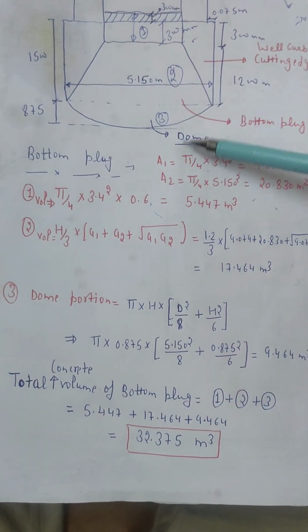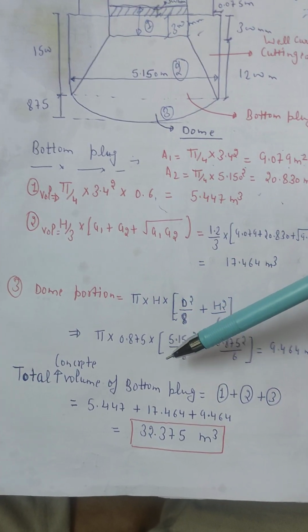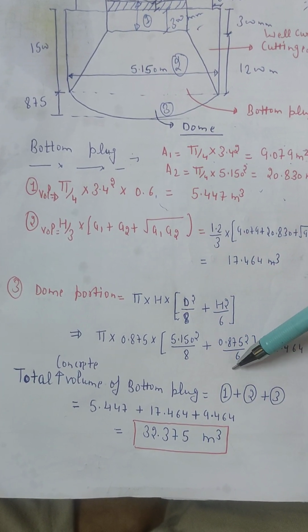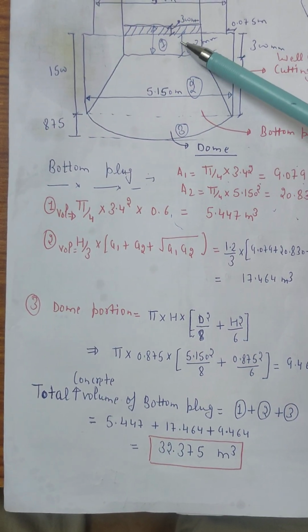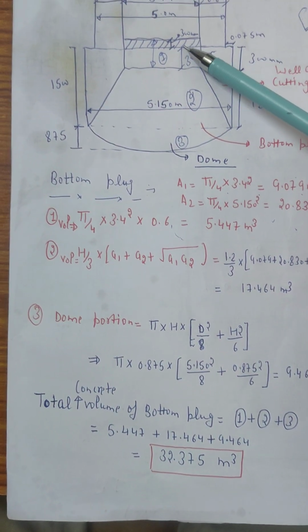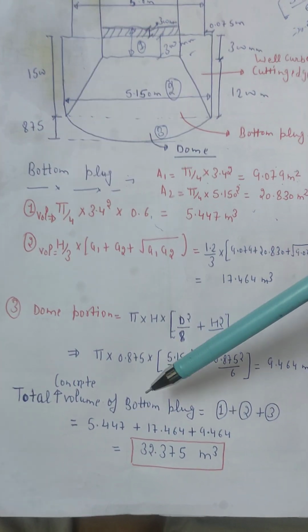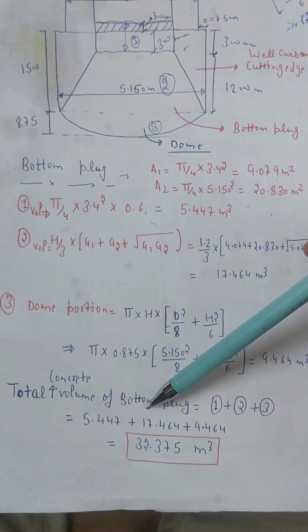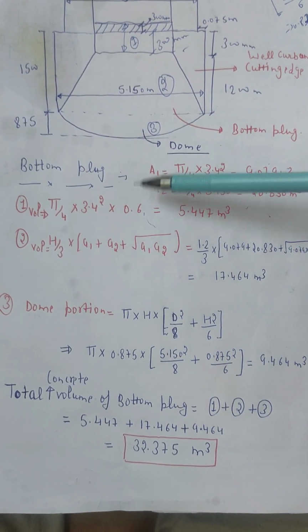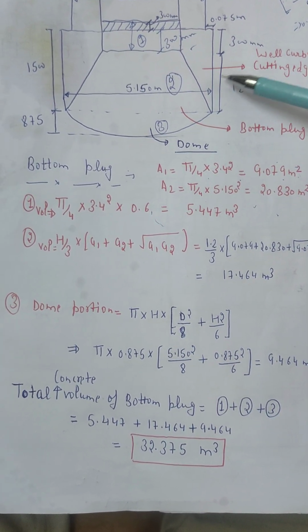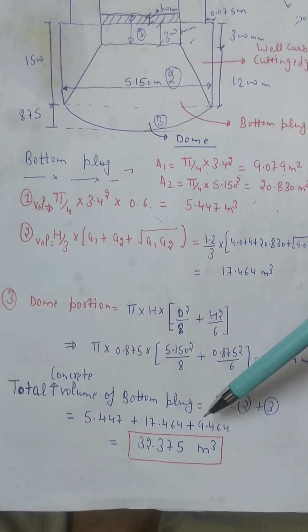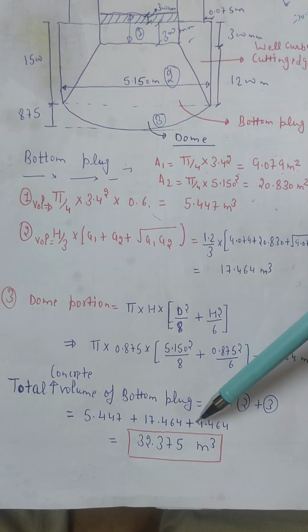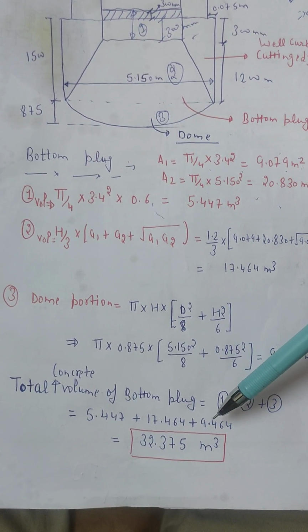So total concrete volume of bottom plug is 1 plus 2 plus 3. The first part, the rectangular part of 0.6 meter height, is 5.447 meter cube, and the second part, whose height is 1.2 meter, has a volume of 17.464 meter cube.